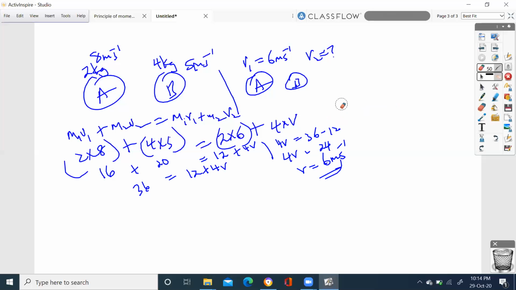All right. Then part B was saying to find the percentage loss in kinetic energy. How to find the percentage loss? I think you have to find the total kinetic energy and then subtract it from the kinetic energy that was there at first.